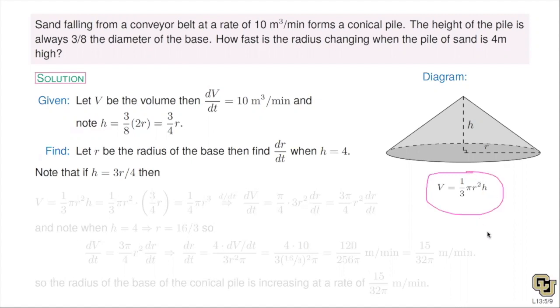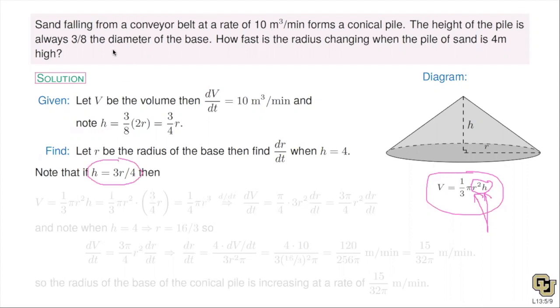But be careful, there's two variables here, r and h. These are both functions of t. I would have to use a product rule if I tried to take the derivative of r squared times h with respect to t. But the information they gave us, that the height is 3/8 the diameter, is this equation, h equals 3/4 times the radius.